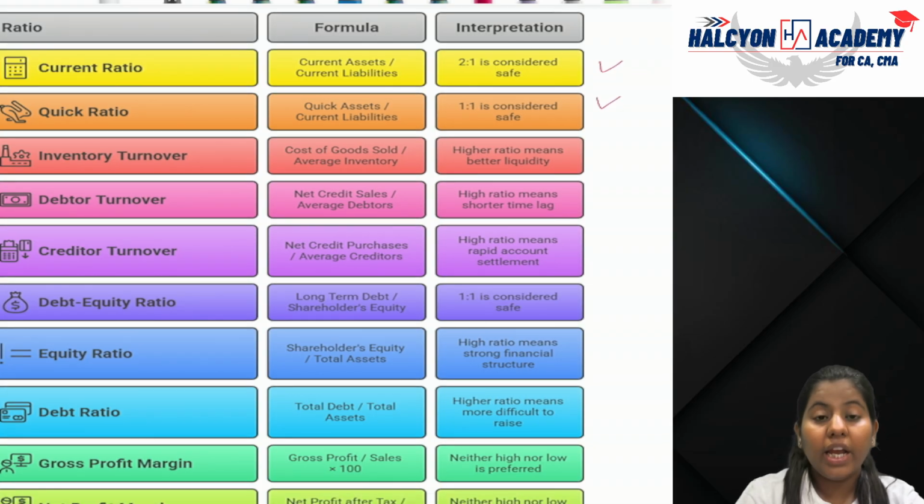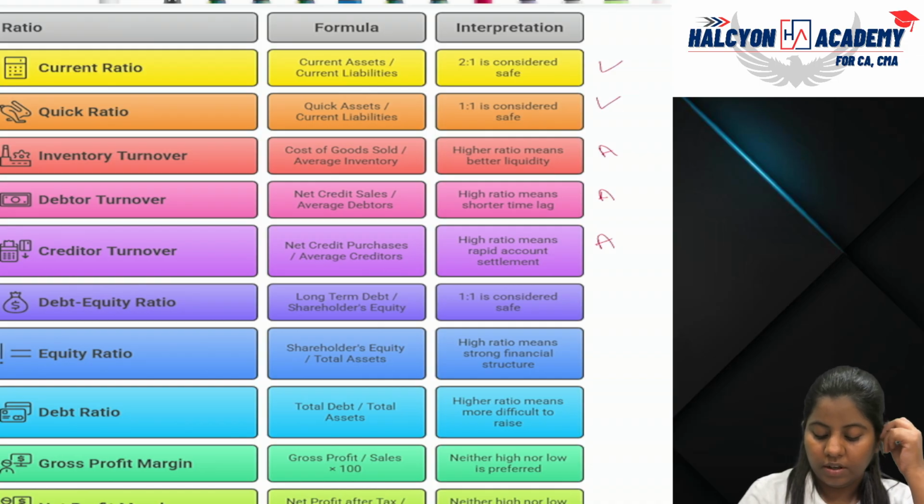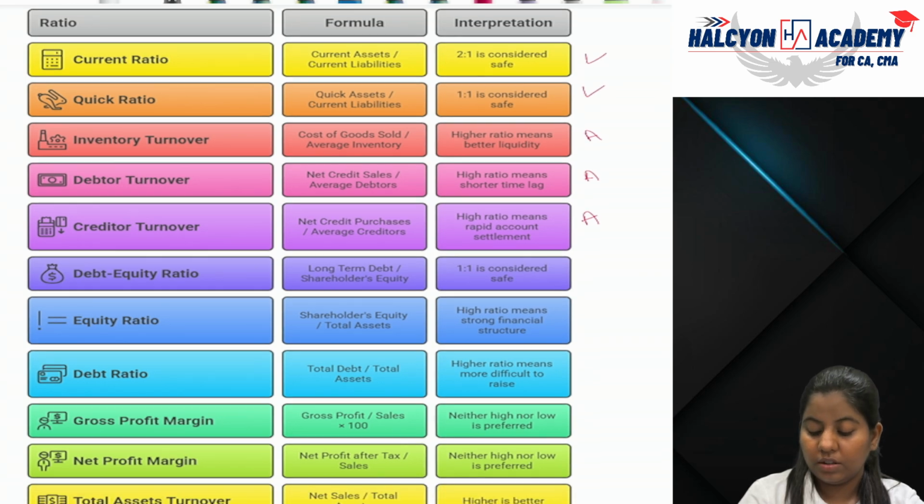Then inventory turnover. I told you any ratio related to turnover is an activity ratio. Then debtor turnover is also activity. Creditor turnover, again an activity ratio. Then comes debt to equity ratio.